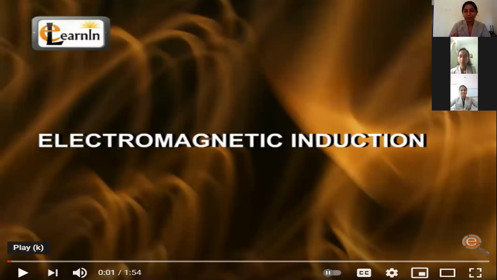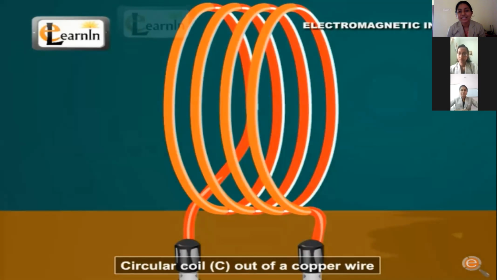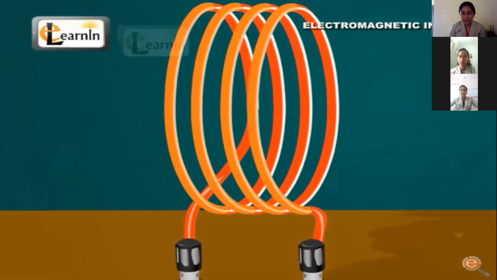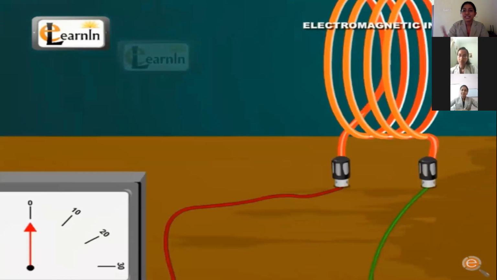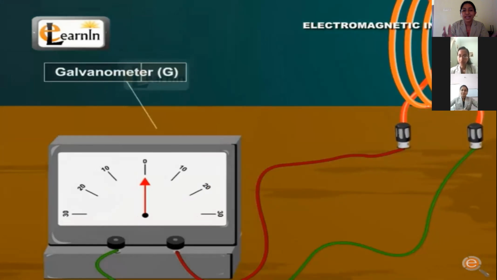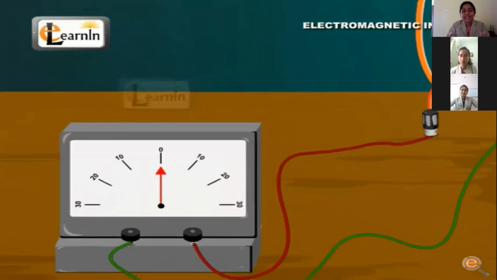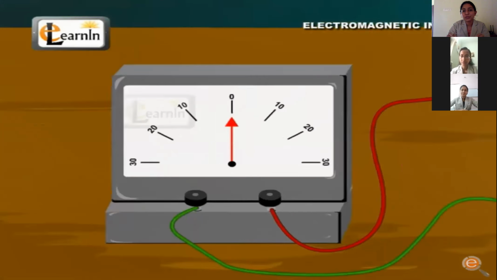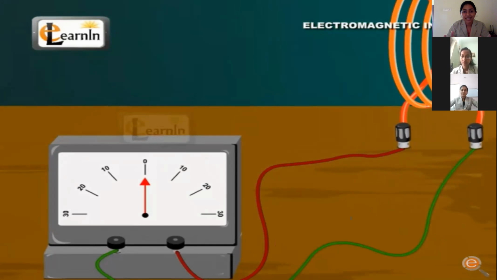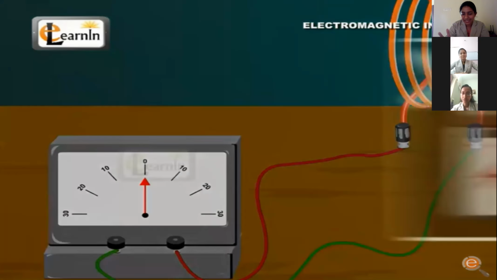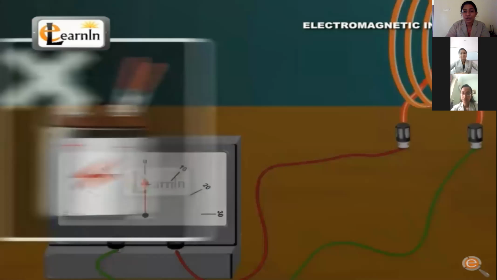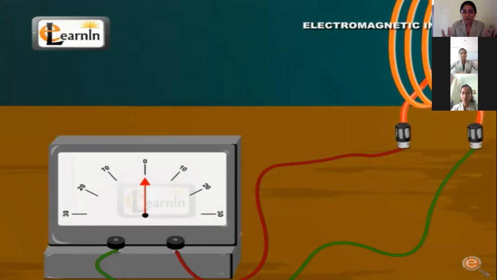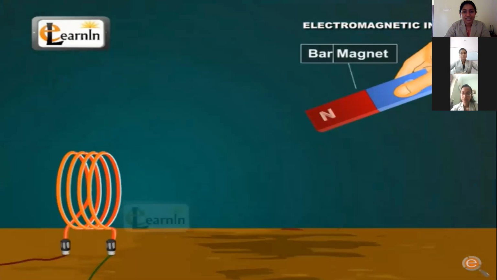They considered a circular coil made of copper wire, and the ends of the coil are connected to a galvanometer. One thing to notice is that they have not connected a separate battery, that is, no external current supply is connected to this circuit.